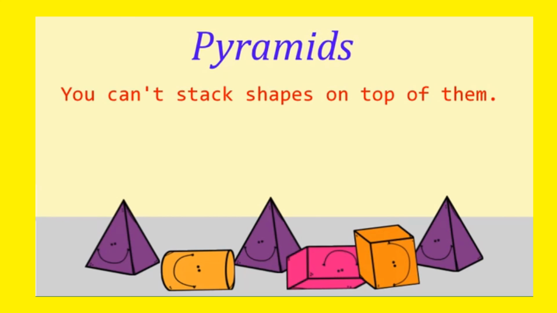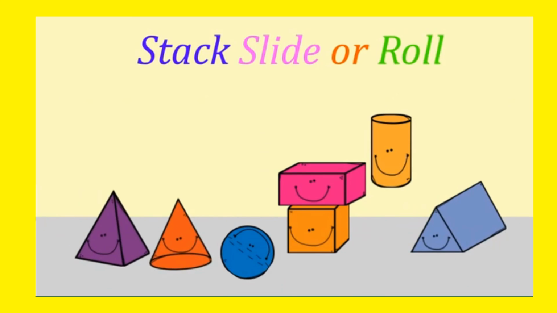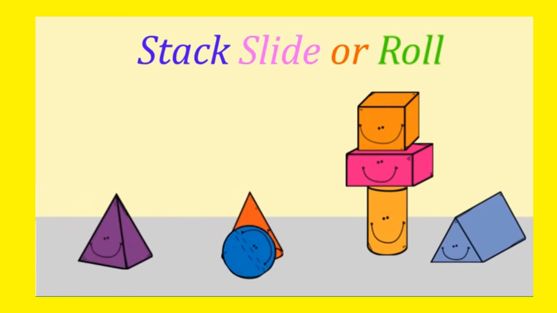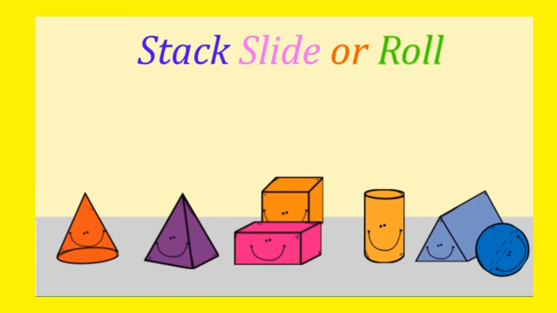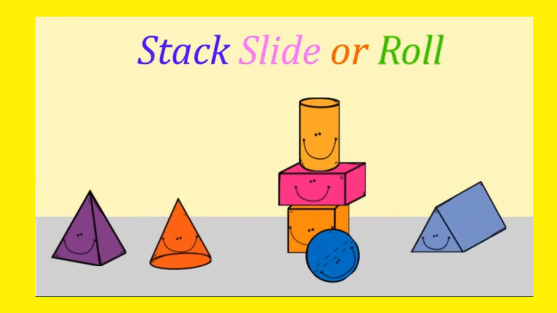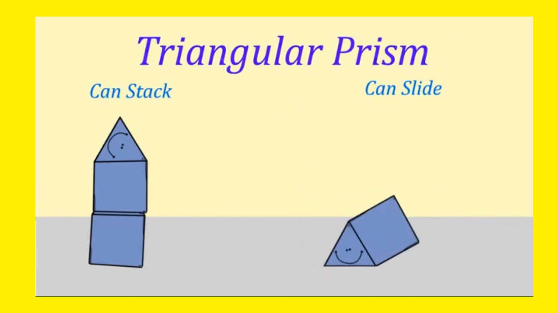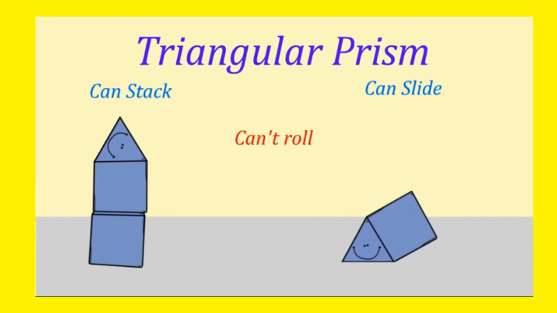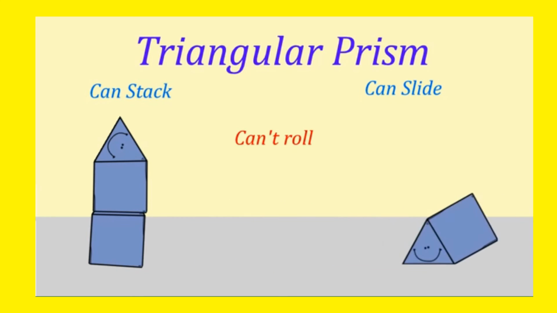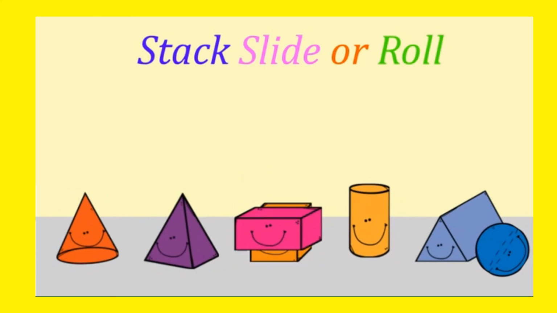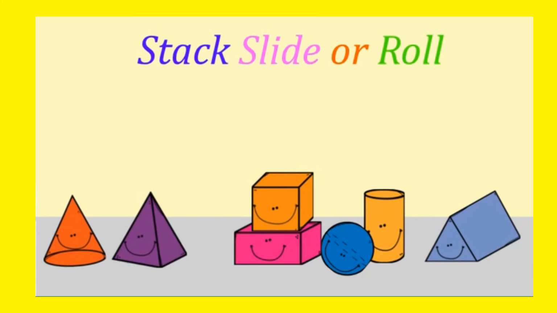Stack, slide, or roll. 3D shapes, they can stack, slide, or roll. Triangular prisms, they can stack and slide, but they can't roll. So many 3D shapes for you to explore. Discover which ones can.